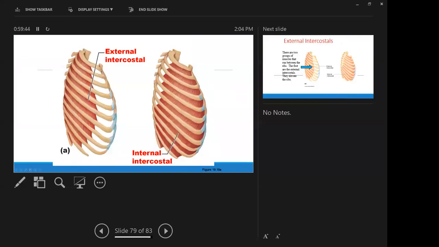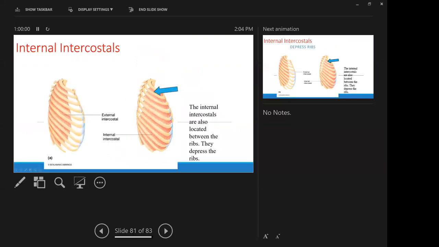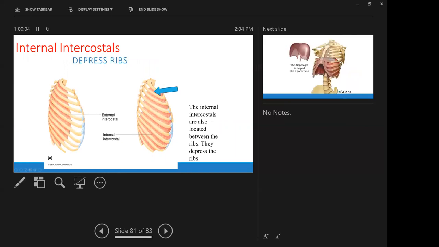There's your external intercostals running towards the sternum. There's the sternum right there. And there's the internal intercostals running away from the sternum. The external intercostals elevate the ribs when they contract. The ribs rise. When the internals contract, the ribs depress. And so air goes out.